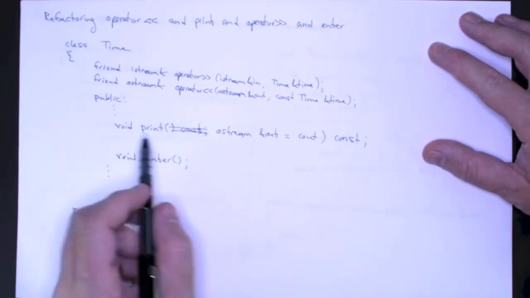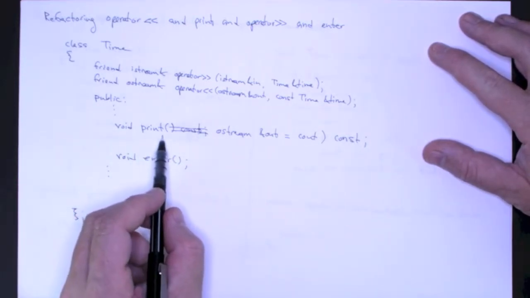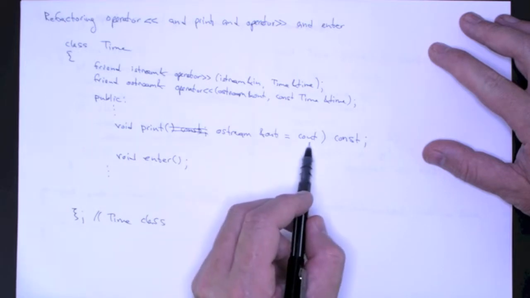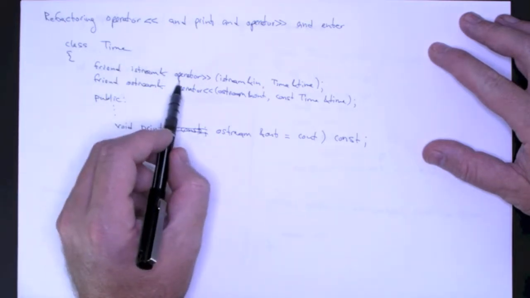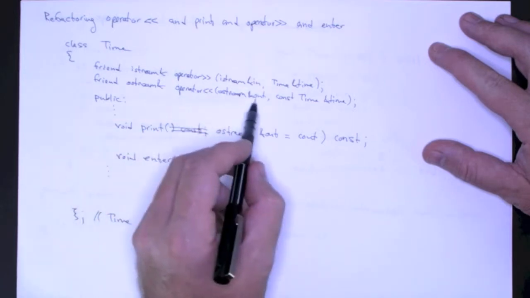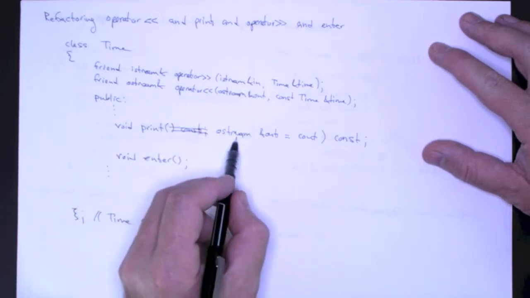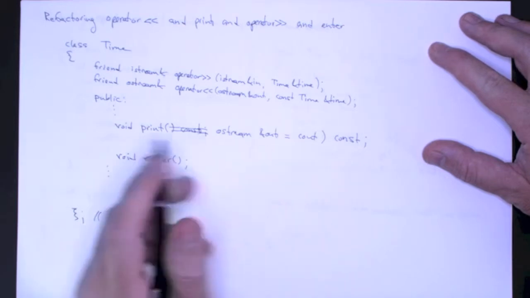If a programmer calls print with no parameter, that's going to default to cout. But when I change my insertion operator, that will let me pass this stream into print, and print will use that instead of cout.